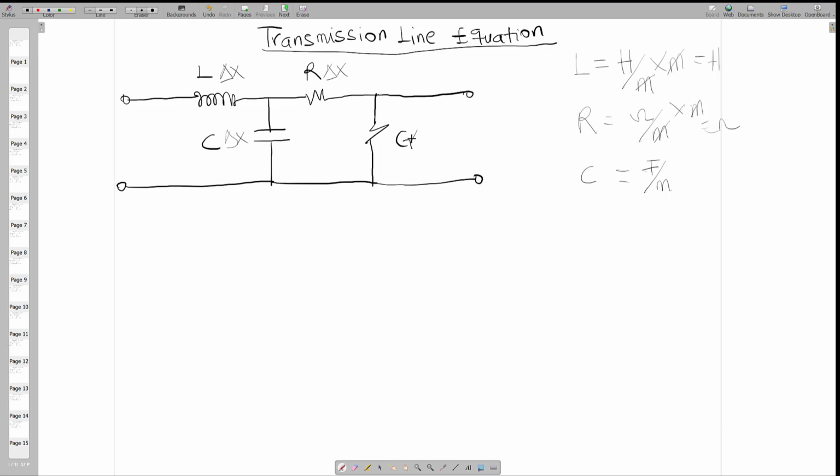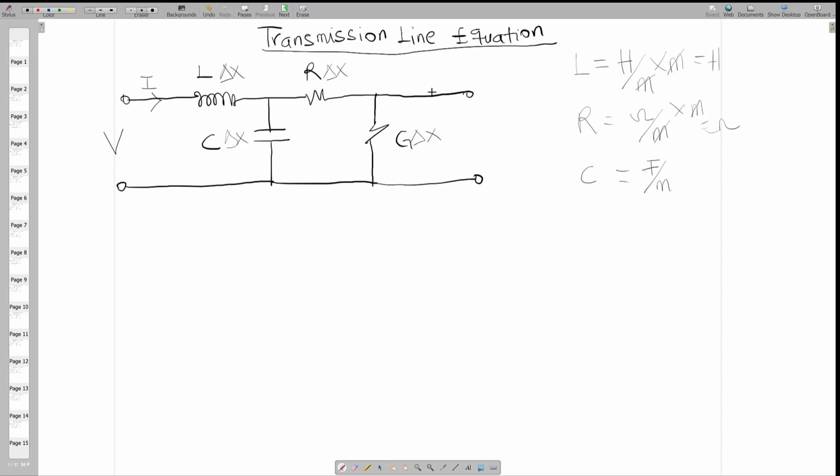and this is just M, right? A very small section of the transmission line, right? So what will happen is that if, for example, I apply a voltage V here at the input of the transmission line, there will be a current I flowing this side, right?